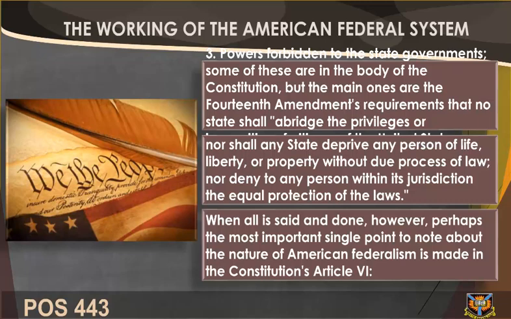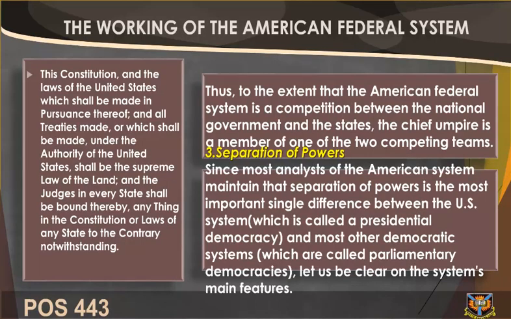When all is said and done, however, perhaps the most important single point to note about the nature of American federalism is made in the Constitution, Article 6. This Constitution and the laws of the United States which shall be made in pursuance thereof, and all treaties made, or which shall be made under the authority of the United States, shall be the supreme law of the land, and the judges in every state shall be bound thereby, anything in the Constitution or laws of any state to the contrary notwithstanding.